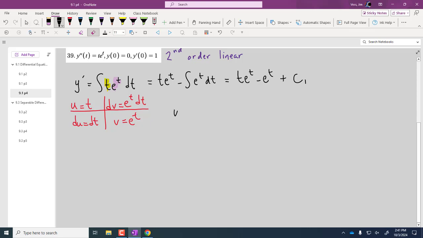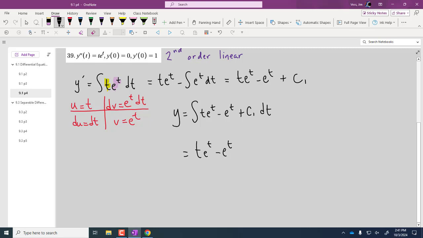So then y is going to be the integral of this. And then we're going to have that product again. So we've got to integrate that product a second time. We've already integrated t e to the t up here, so we're going to end up with t e to the t minus e to the t.